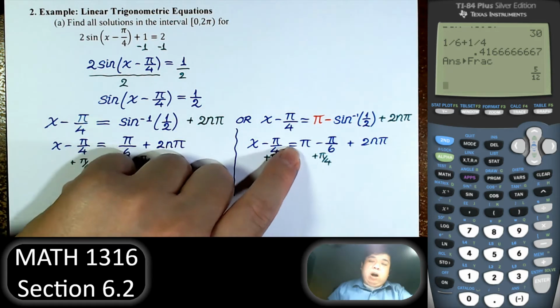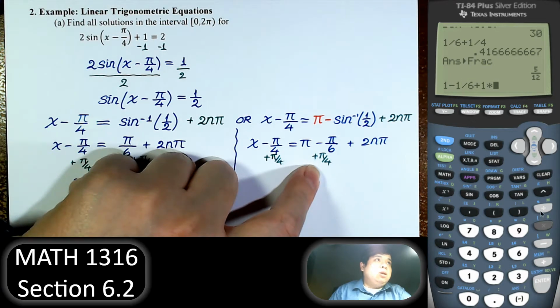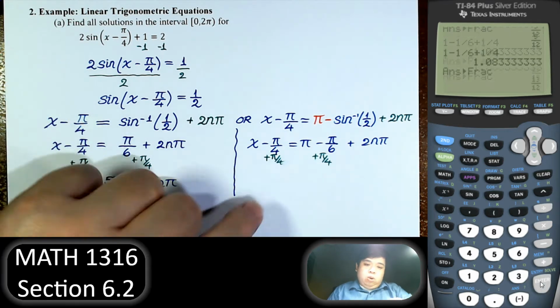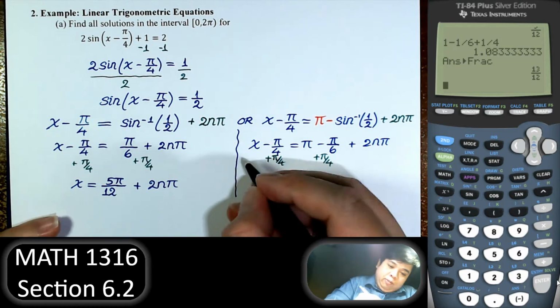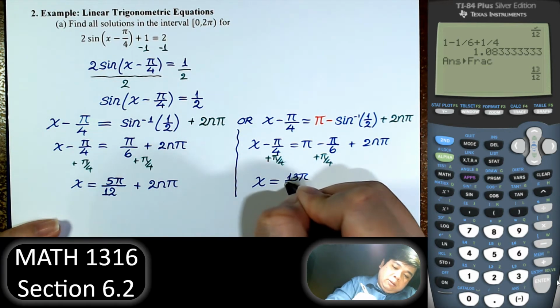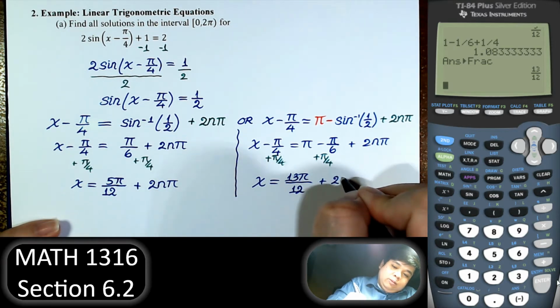So we have 1 minus 1 over 6 plus 1 over 4, so that's 13 over 12. So x equal to 13 pi over 12, and then plus 2n pi.